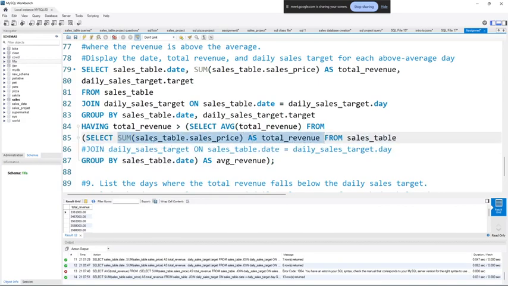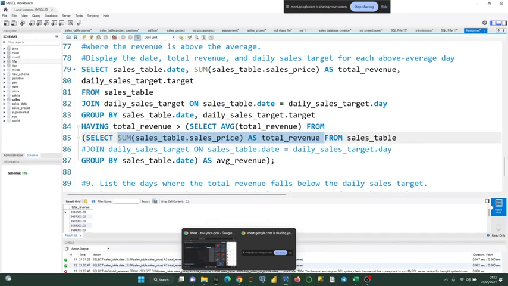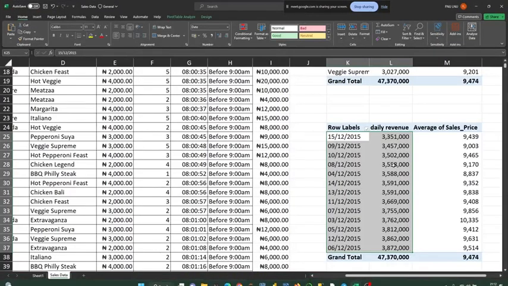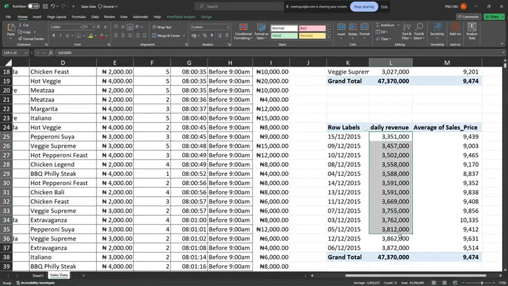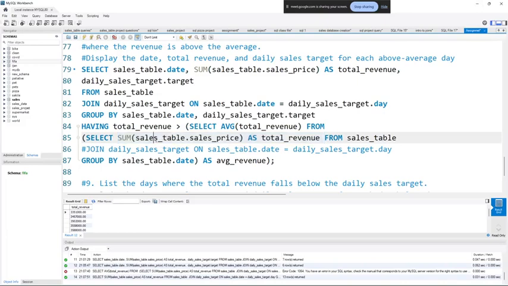So this particular thing will only throw up this column, only this column, because I didn't say select the date. I just use the date in the group by. Look at it again. Is there date here? No date. But I just use date in the group by.